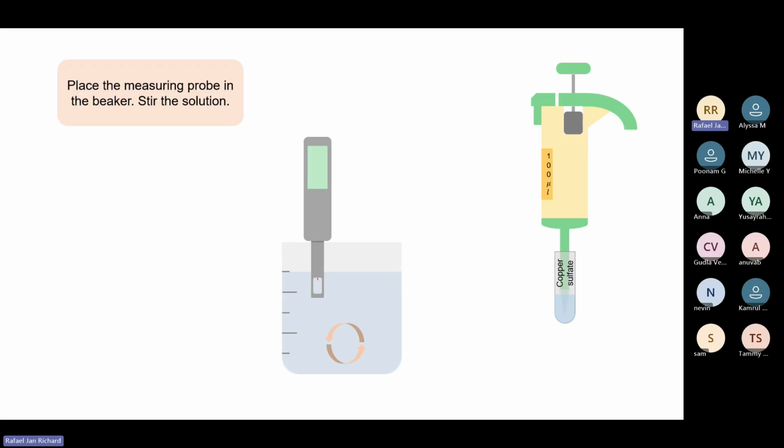And then you add the copper sulfate. Once you add it, the ability of urease, the enzyme, is inhibited, so the reaction can't take place, or not as much as it would without the copper sulfate.